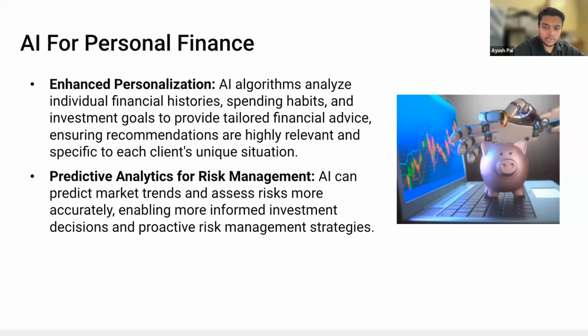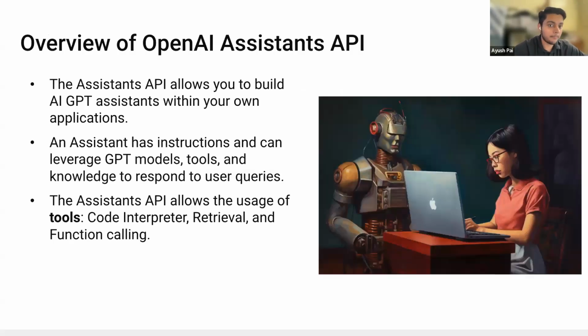In the slides to come, we will discuss these capabilities in greater detail and how we can leverage the OpenAI Assistants API to make a significant difference in the personal financial management industry. But just before we get into that, let's get a brief introduction to the OpenAI Assistants API.